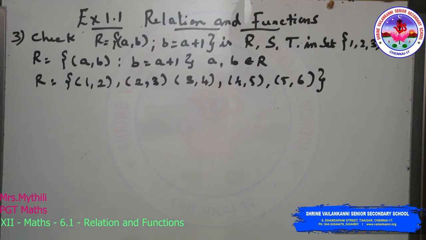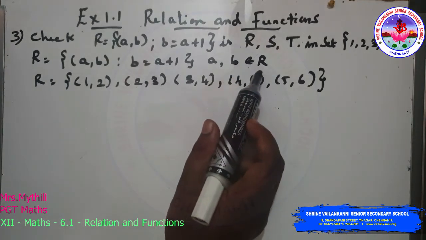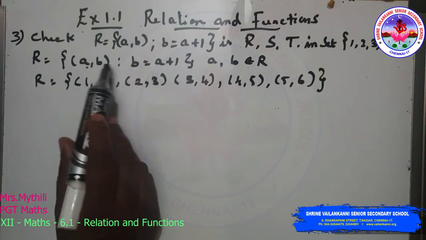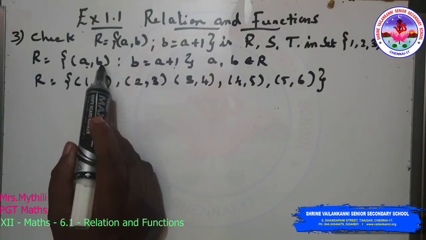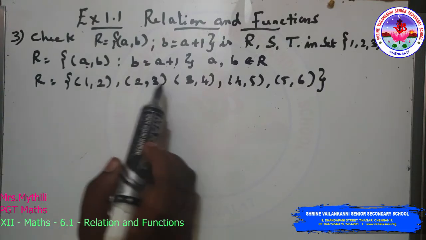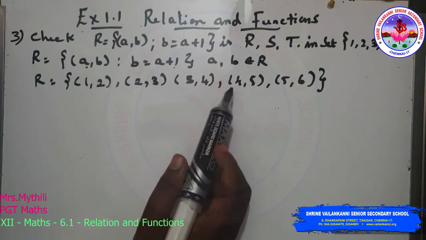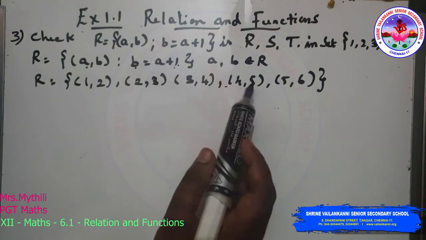So let's take the relation R as (a, b) such that b = a + 1, where a, b belong to the set. Take a = 1, then b = 1 + 1 = 2. When a = 2, b = 3. When a = 3, b = 4. When a = 4, substituting in b, we get b = 4 + 1, which is 5.